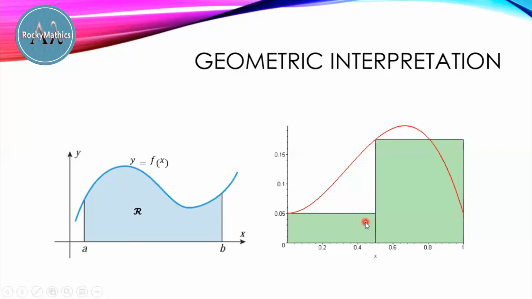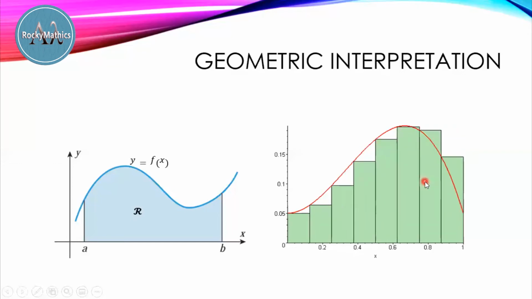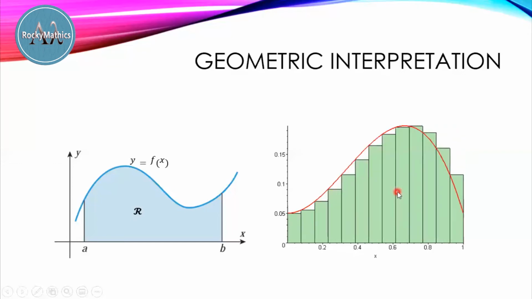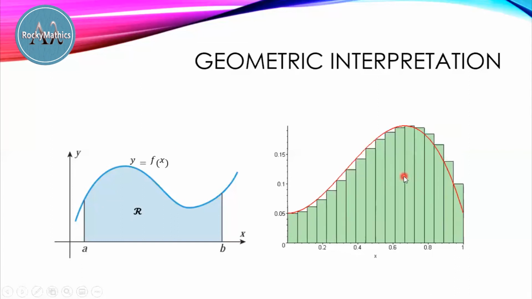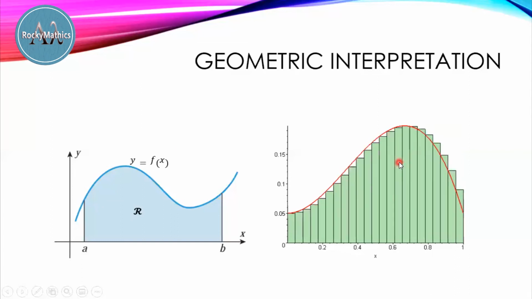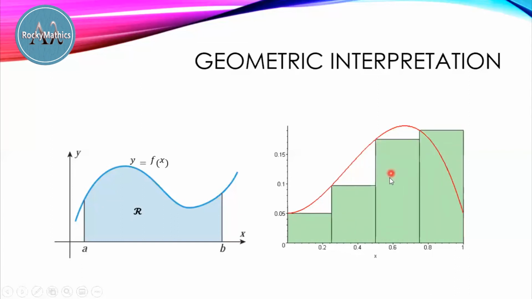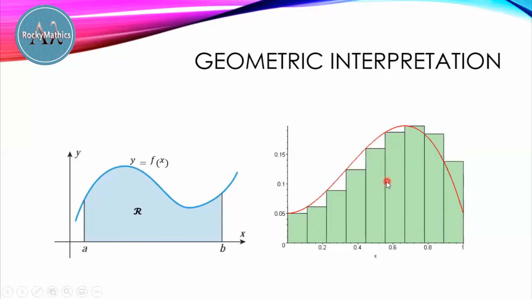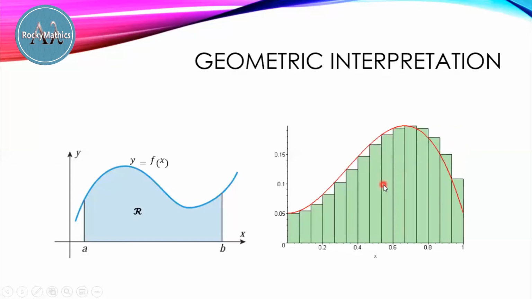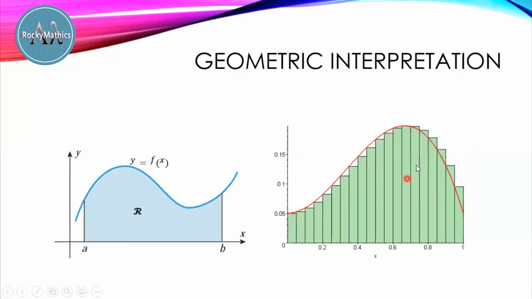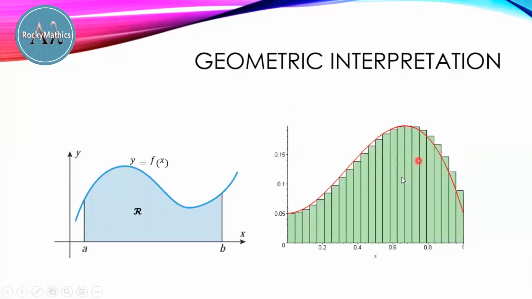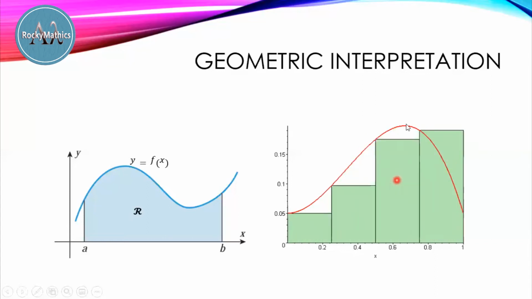The concept is that by partitioning the region into sub-intervals, we form rectangles, and we know that it is easier to compute the area of a rectangle, right? Since what we need is the width and the height, then we multiply them, and we have the area of this rectangle.